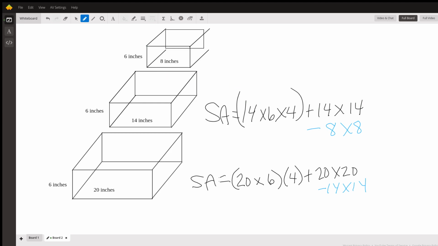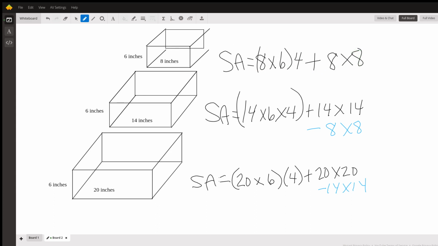So finally, we're going to get to the third tier here. Now, the entire bottom of the third tier is touching the second tier, so the bottom surface area isn't counted. So again, it's just the sides. That would be 8 by 6 for the 4 sides times 4. And then the very top is covered in frosting, and there's nothing sitting on top of it, so we're going to get the 8 by 8.